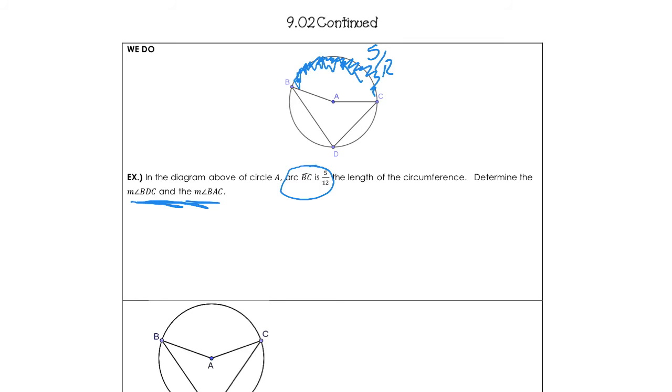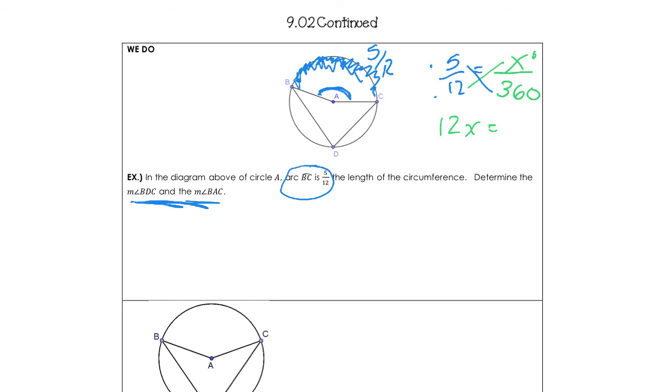Determine the angles. So I got to figure out how many degrees this is. Well, I know 5 out of 12 is a fraction, the part divided by the whole. And if I have a circle, a whole circle is 360 degrees. So I need the part, or the degrees, out of 360. So 12 times x is 12x, 5 times 360.